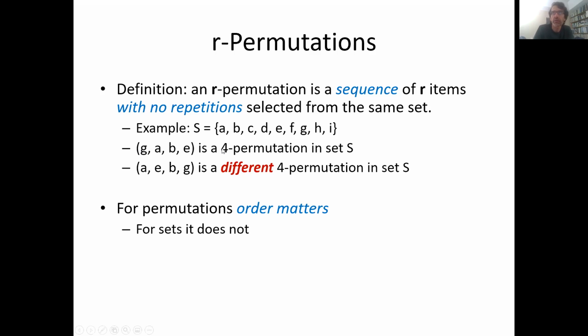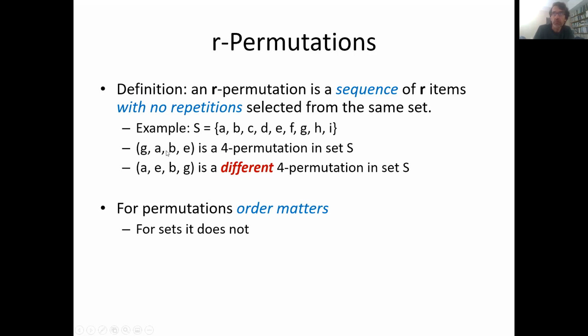In the case of R equals 4, it's a sequence G, A, B, E of elements in the set without repetitions. Now, if I take the same elements but permute them, that's a different R-permutation. So in other words, an R-permutation is a sequence, not a set.